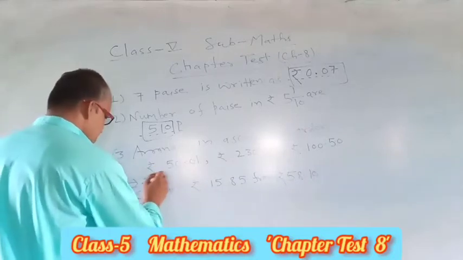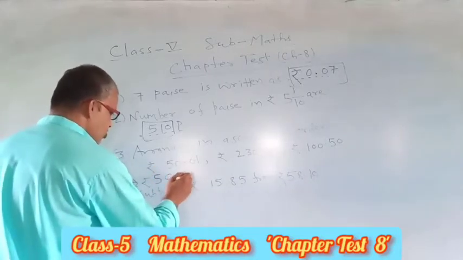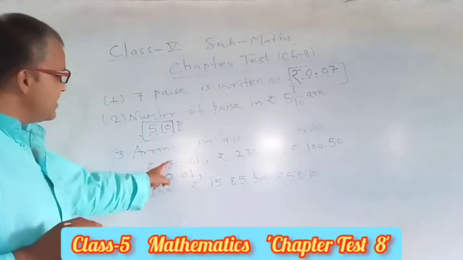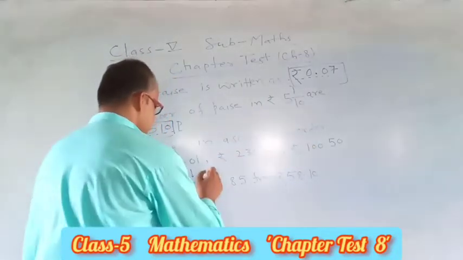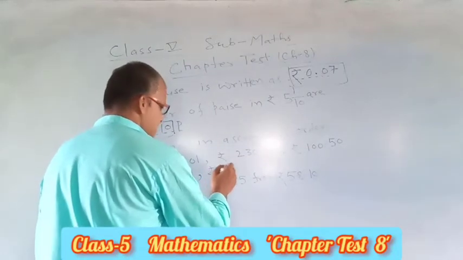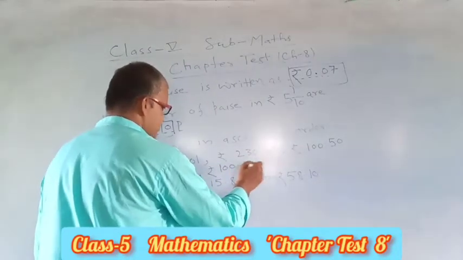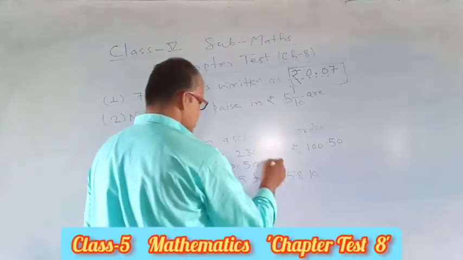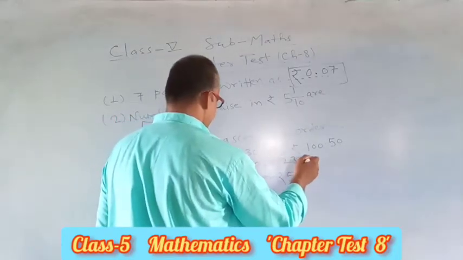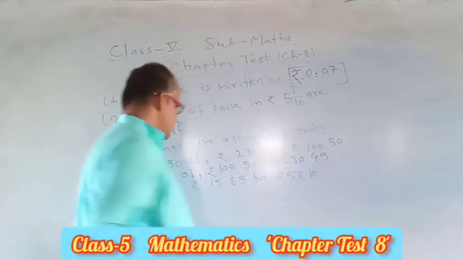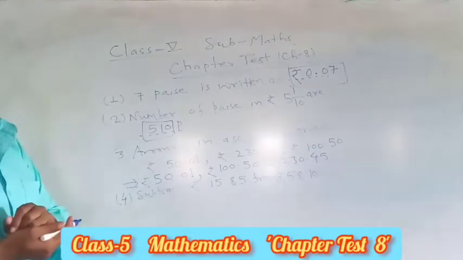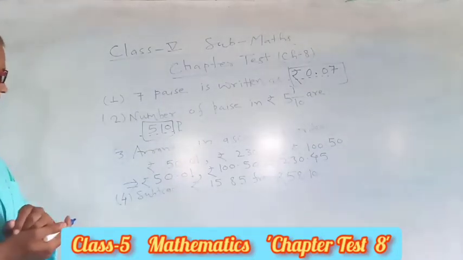Rupees 50.01 is the lowest. After this is the greater one, rupees 100.5. After this is the biggest, rupees 230.45. This is arranged in ascending order and it is our answer.